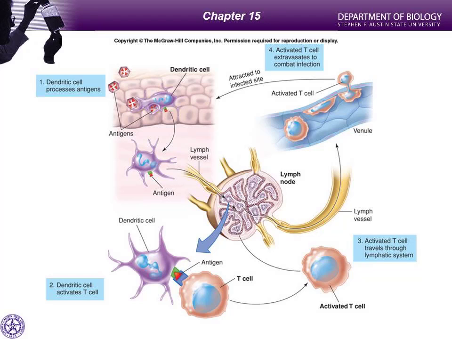And it's within the lymph node that this dendritic cell, MHC antigen complex, binds with an appropriate receptor that can recognize that antigen. And then this particular T cell becomes activated. Again, it's within the lymph node. However, that activation is going to start a chemotactic reaction in which that T cell then diapedeses out of the circulation and into our tissues, where it can direct cellular toxicity, and it can destroy the pathogen out in the tissues.